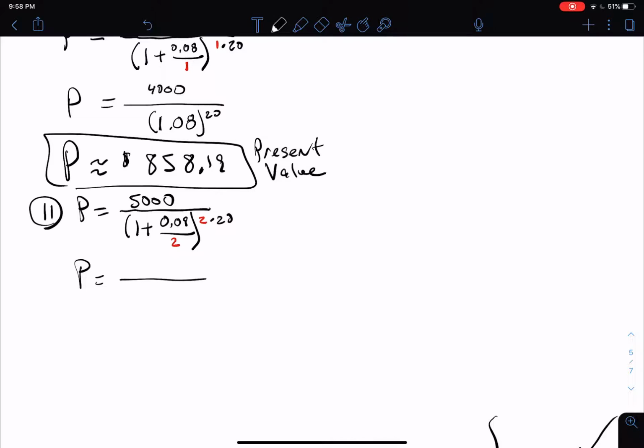When we do the math here, what does this denominator become? It becomes approximately 5.816364. Just leave it in your calculator, then divide it, and we get that the approximate present value is $859.64.